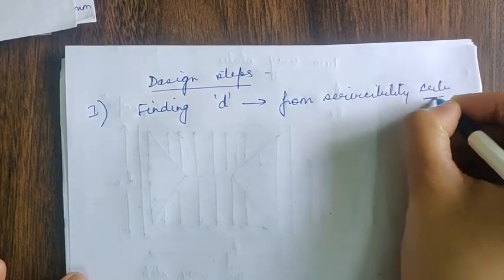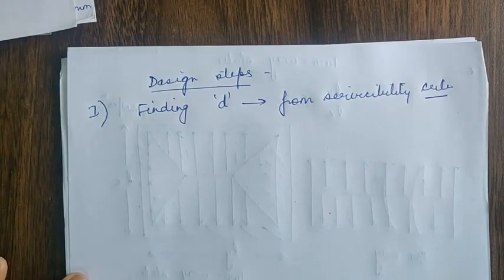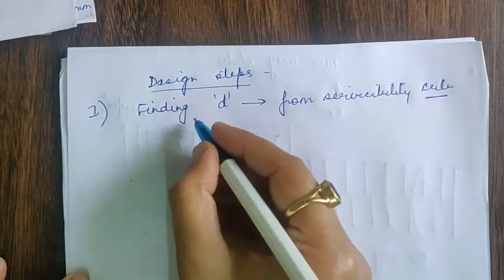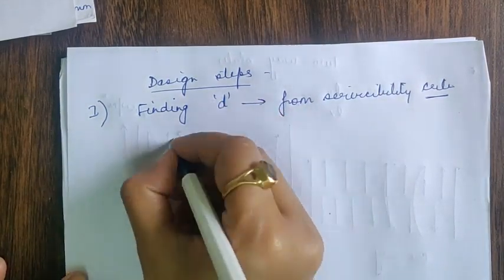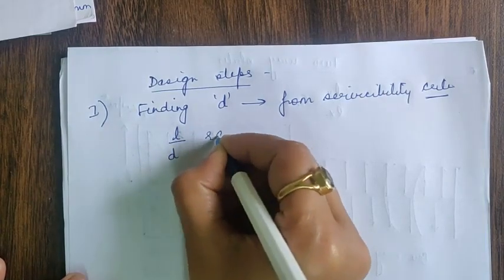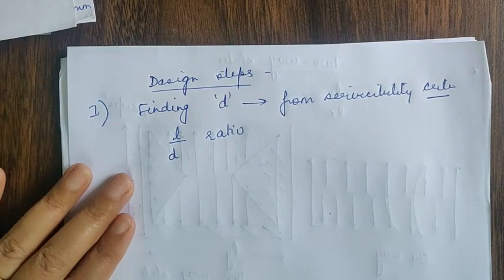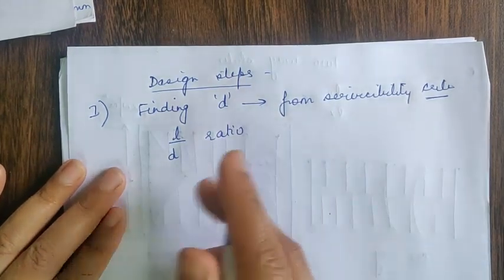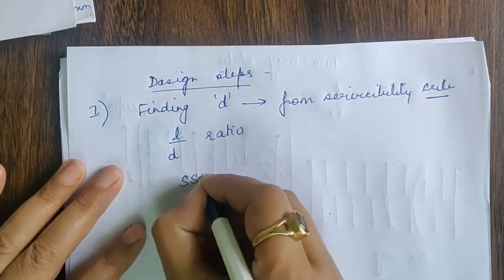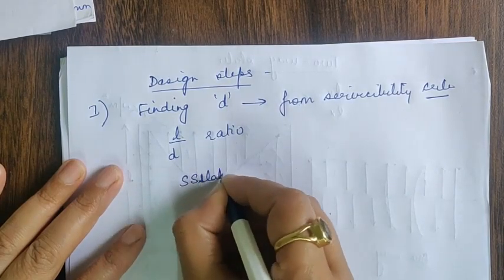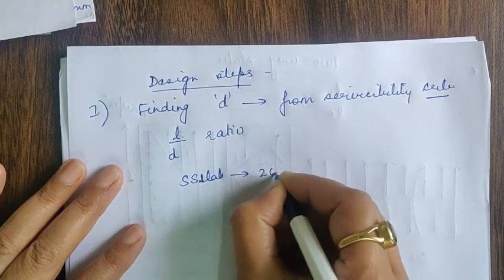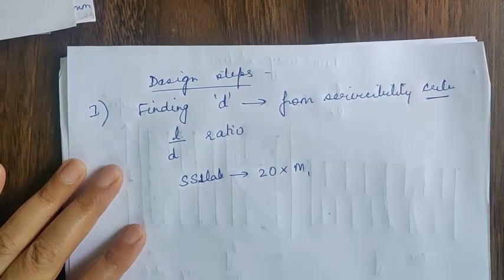Serviceability criteria. And what was that serviceability criteria? D was decided based upon the value of L by D ratio. And how do we take L by D ratio? We know for one-way slabs, if it is a simply supported slab, it was 20 into a modification factor.